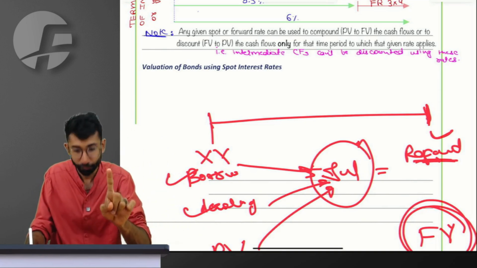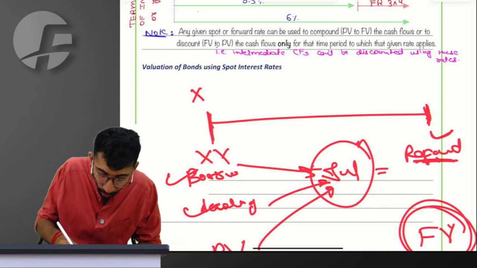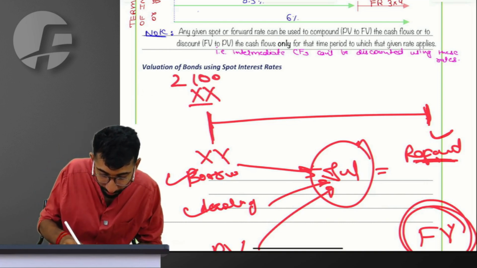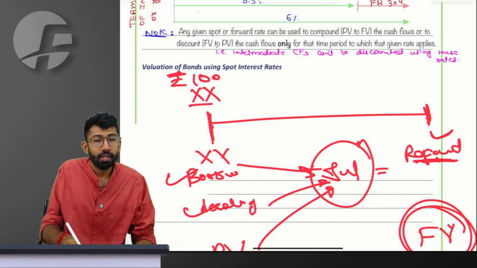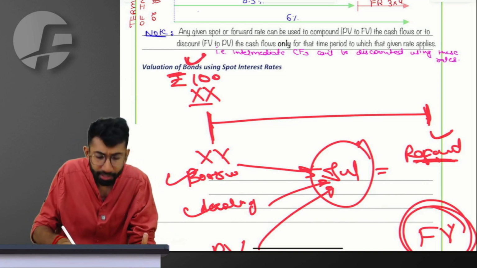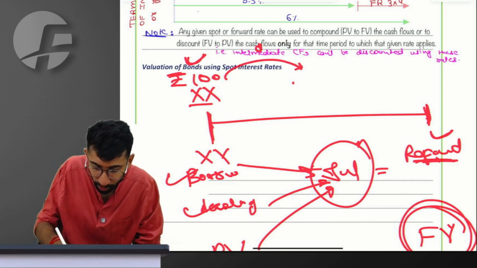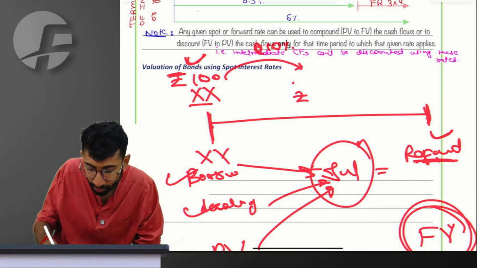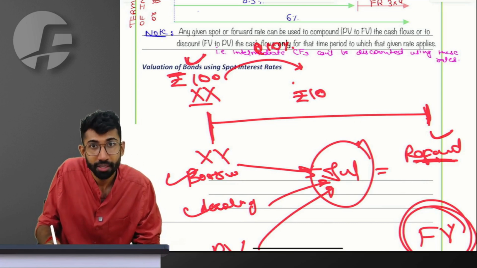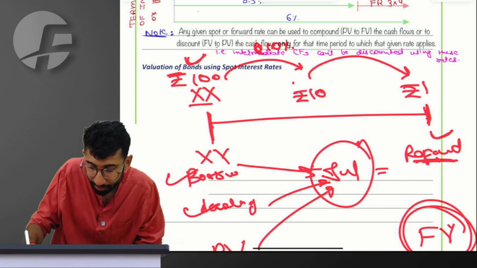For example, if I borrow a sum of rupees 100, suppose on this rupees 100 interest needs to be paid. One way to pay the interest, if the rate of interest is 10%, is that you pay me 10 rupees over here, and the rest, rupees 110, over here.